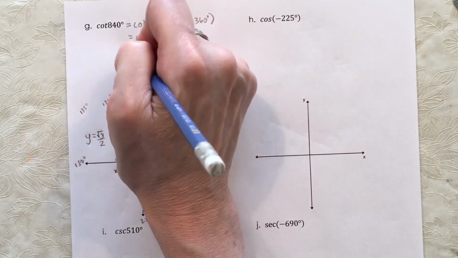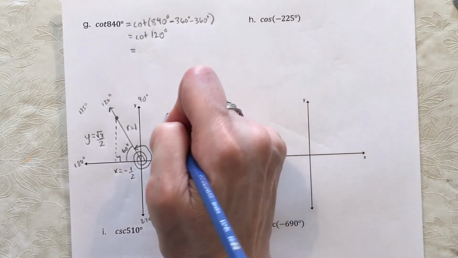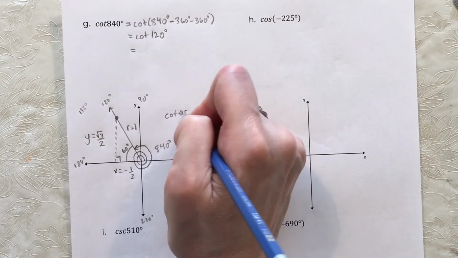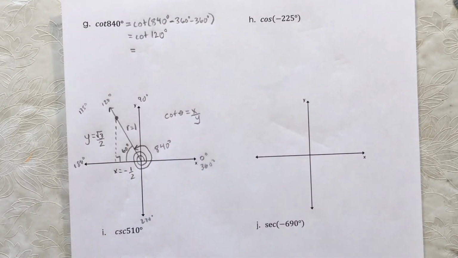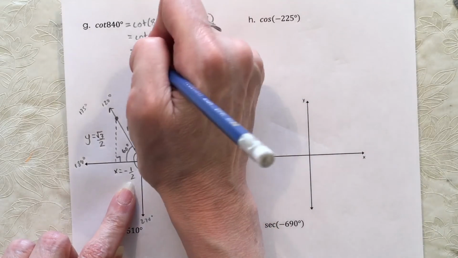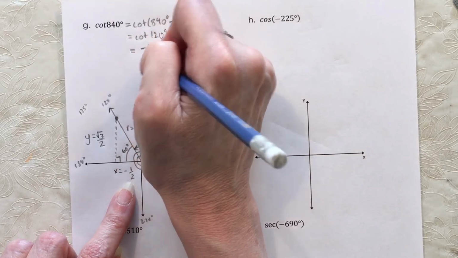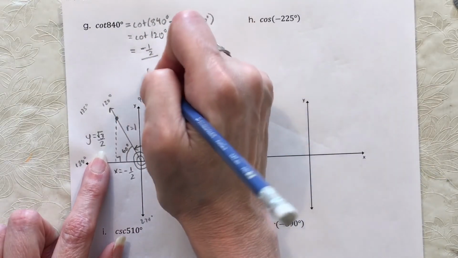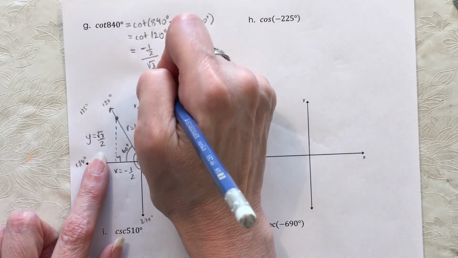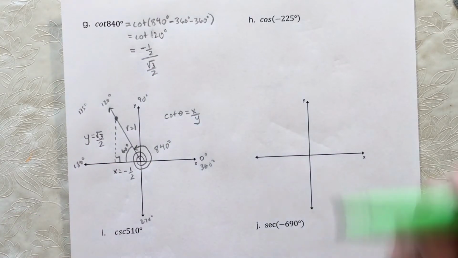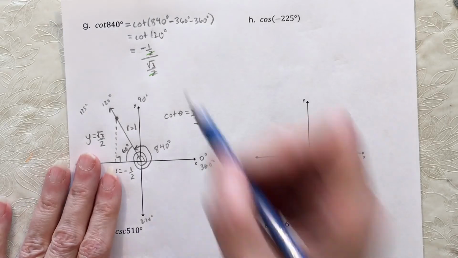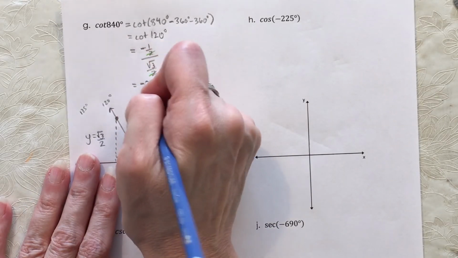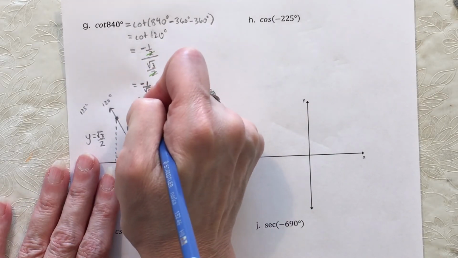So our cotangent, we have to remember again, back to our angles and quadrants and CAST rule, is the x value divided by the y value. So for us here, the x value is negative a half divided by the y value, which is root 3 over 2. The 2's divide out. So we should get negative 1 over root 3.